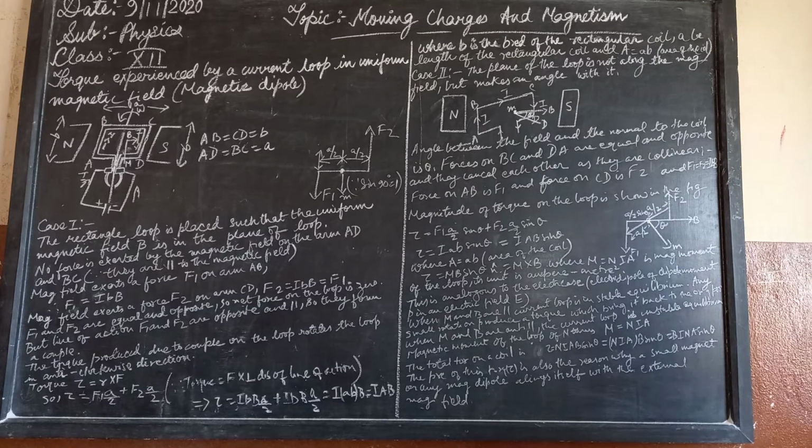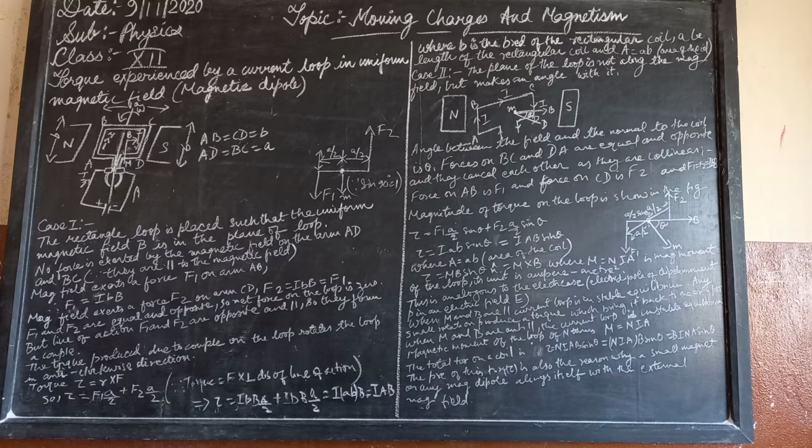Here we have taken sin 30 degrees and sin 90 degrees in the previous case. When m and B are parallel to each other, the equilibrium would be stable, and when they are anti-parallel, it would be unstable. You know it very well.